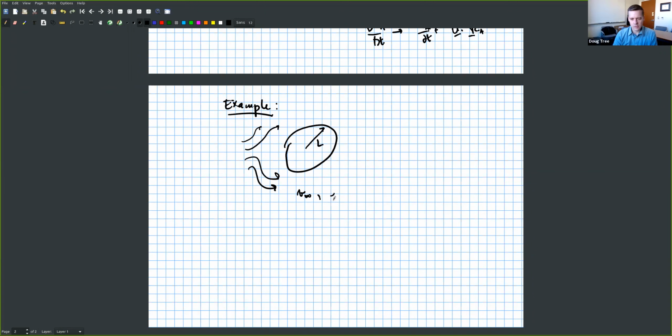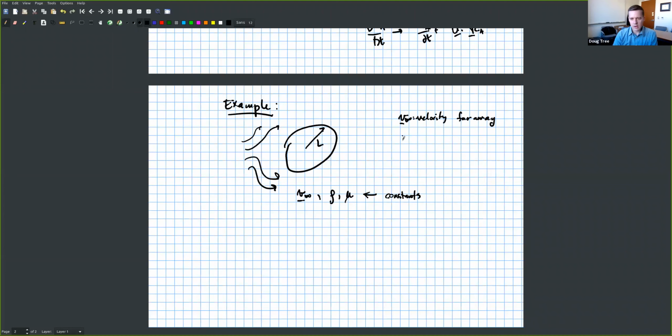And then there's some density and viscosity of the fluid, and we're going to assume that these are constants. So we're going to assume incompressible flow. Like I said, V infinity was the velocity far away. Okay, it could be a vector.